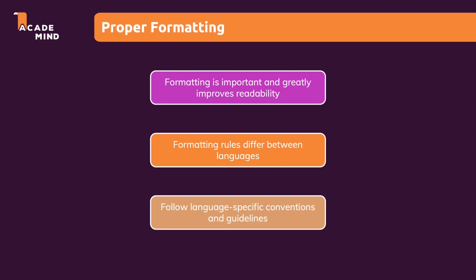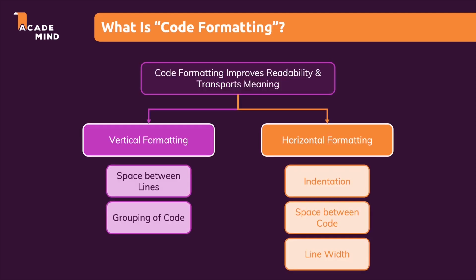So you never want to forget about these. Nonetheless, there also are some general rules and concepts which always apply. And these are the rules and concepts we're now going to have a closer look at. So let's now take a closer look at these two kinds of formattings, and let's understand which kind of rules we should follow there.